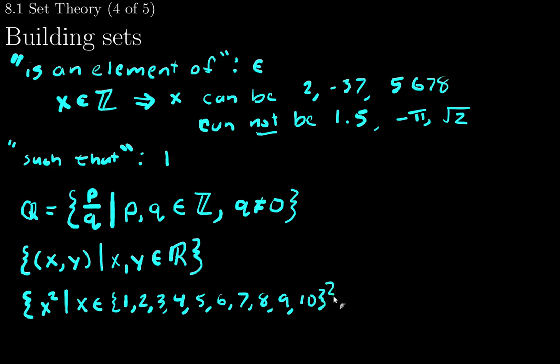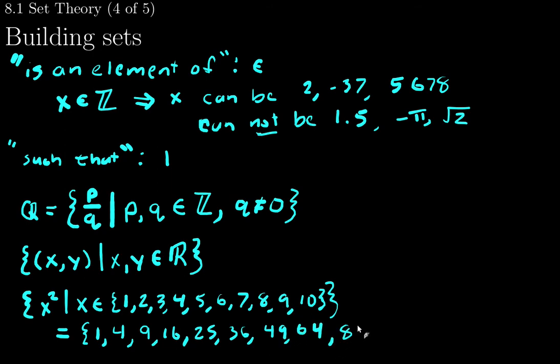Now, this is a little bit silly because I've just written out 10 things. I could have written that set out explicitly as 1 squared being 1, 2 squared being 4, 3 squared being 9, all the way up. Let's see, 8 squared, 64, to 100. So this didn't really save us any room, but for a lot of these infinite things, there's really no better way to do it.